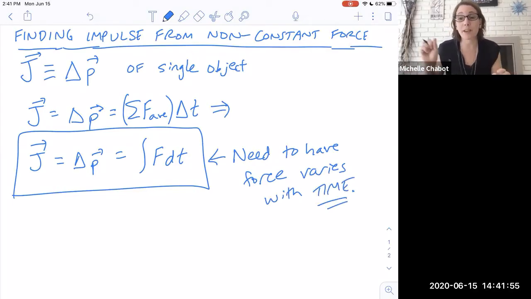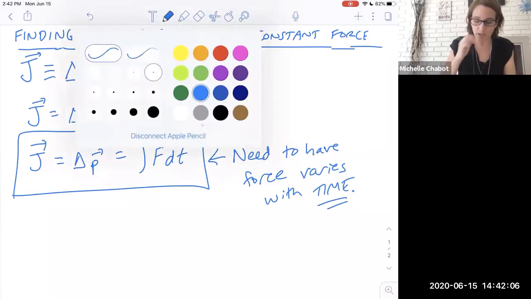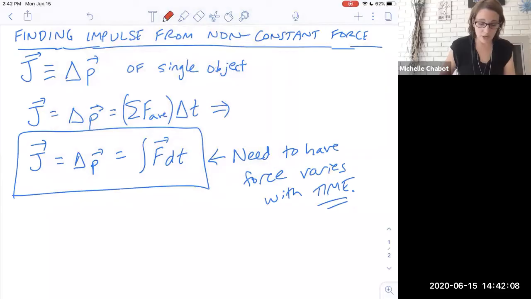Note that that is very different than what we saw with work, right? So I'm going to put here in contrast, and I just realized this should have a vector over the force, of course, that for work, which was a scalar, work was our change in kinetic energy.